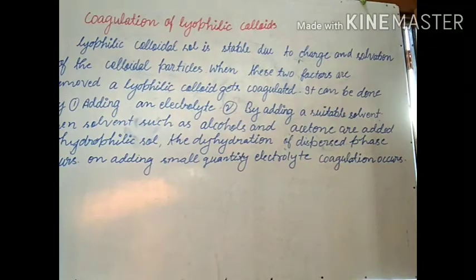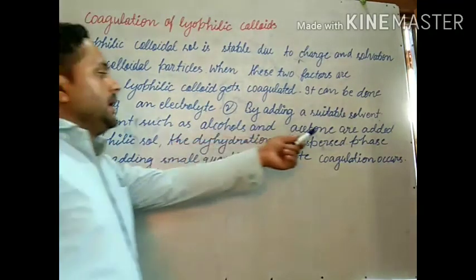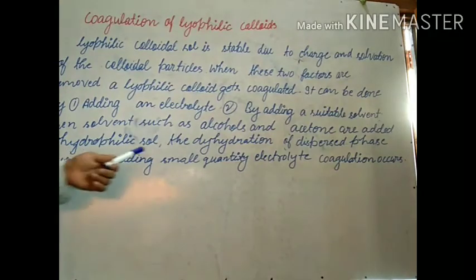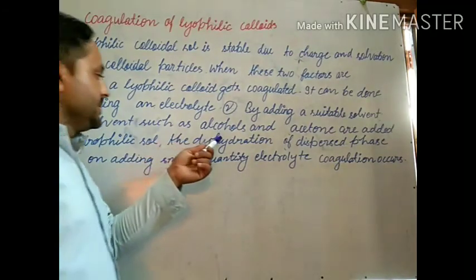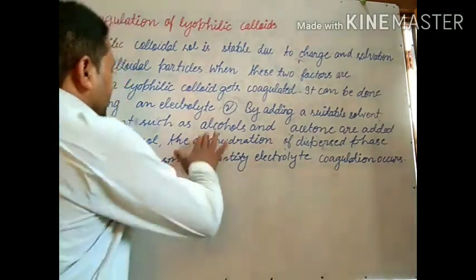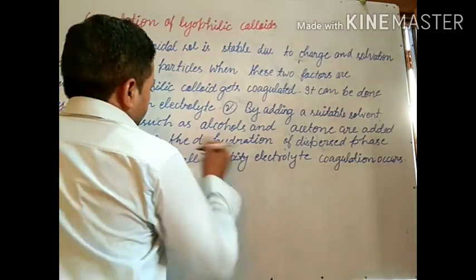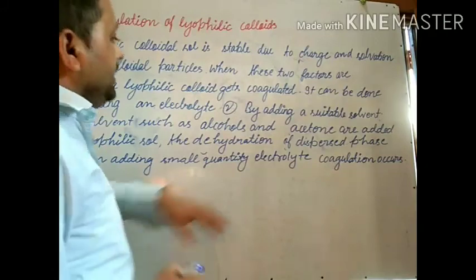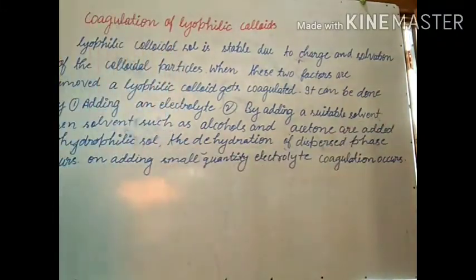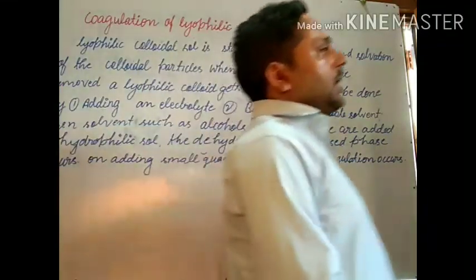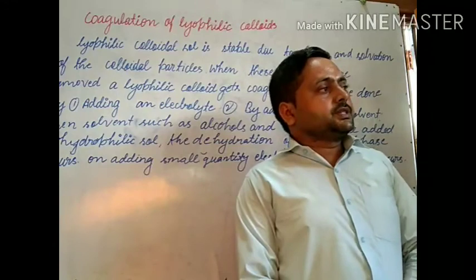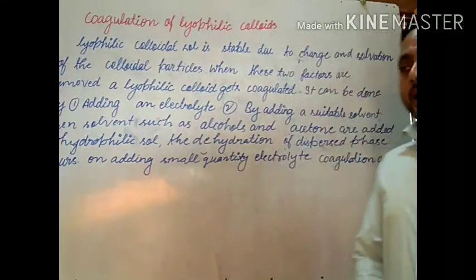When a solvent such as alcohol or acetone is added to a hydrophilic sol, dehydration of the disperse phase occurs.